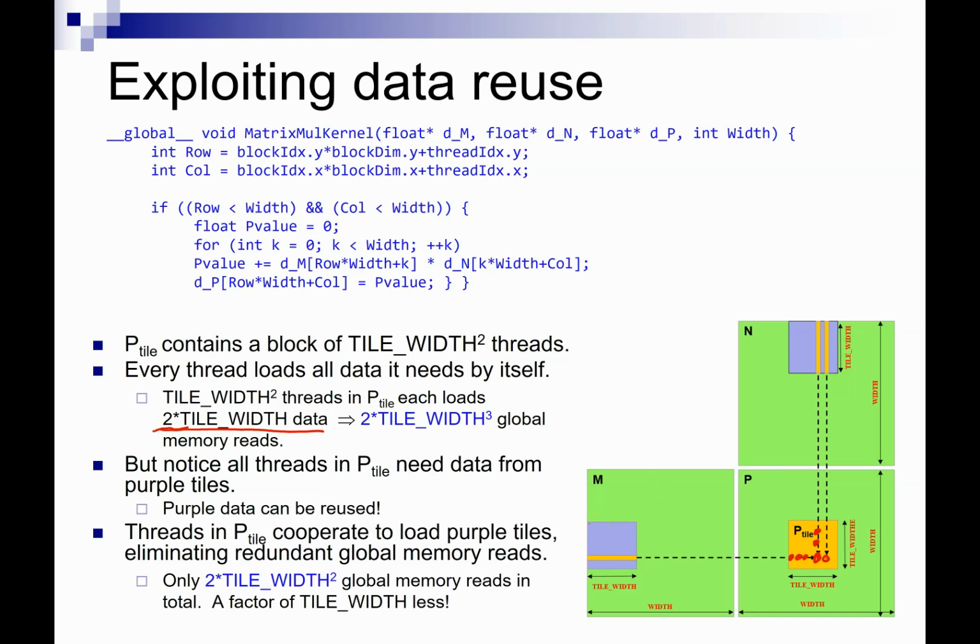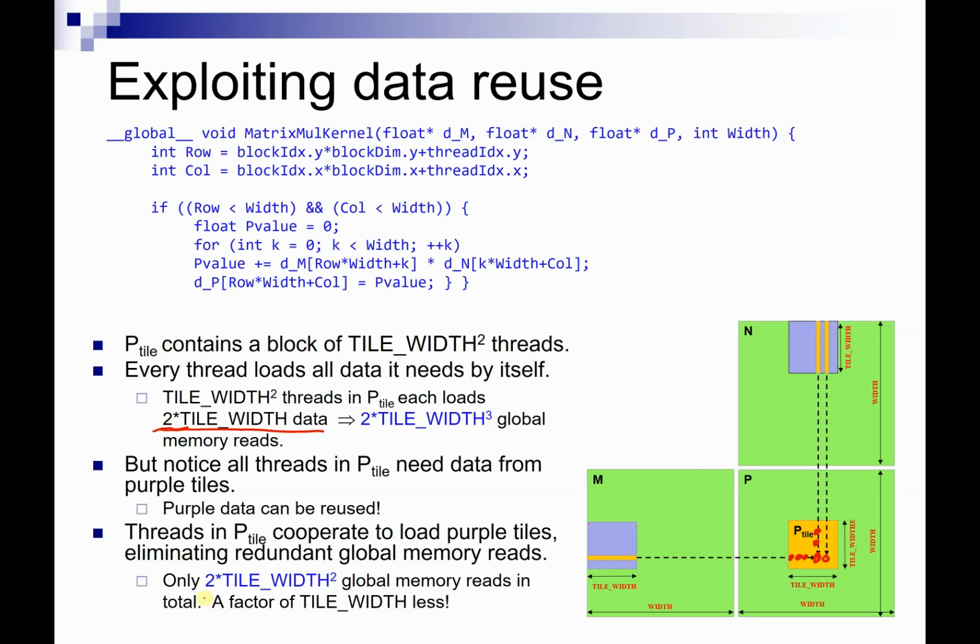What that means is that if somehow we can load this purple data from M and N from global memory just once, and then share that data between all of the threads in this yellow P tile, then how many global memory accesses do we need to make? Then it's just tile width squared, that's the size of this purple tile, and the same thing for the tile for N.